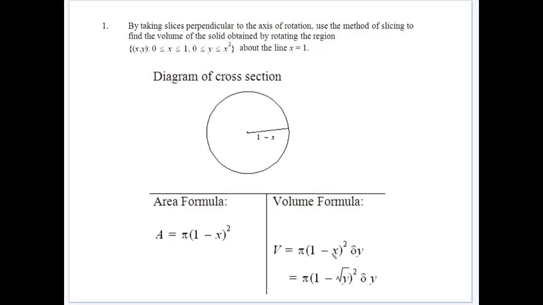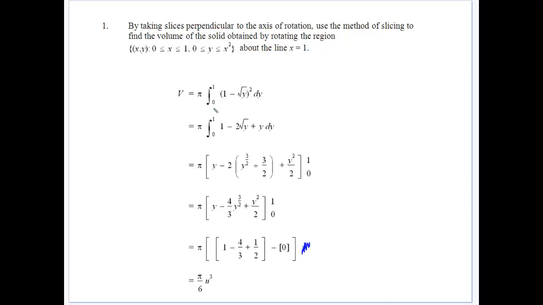Then our radius needs to be in terms of y, not in terms of x. So we can put it into the integral between 0 and 1 and integrate. The easy way to do this integration is just to expand it out and then integrate our function.